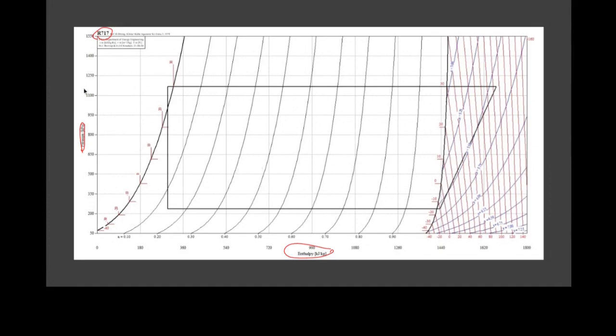On the pressure side, we've got a high pressure over here, let's say 1190 kPa. That's this pressure, okay? And then we've got a pressure down here, and let's say that's, oh, I don't know, 220 kPa. I'm just ballparking this.